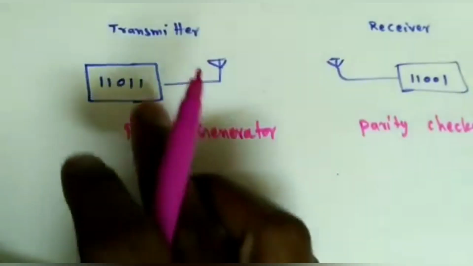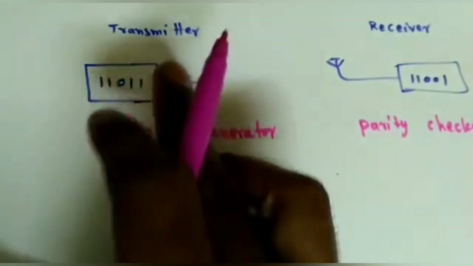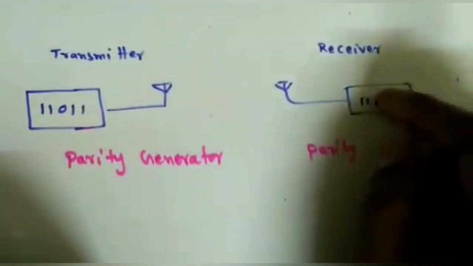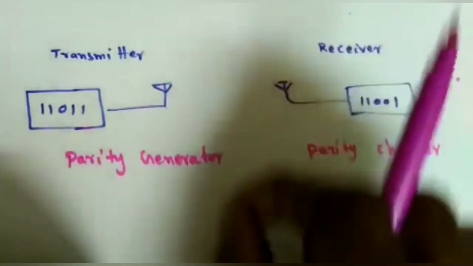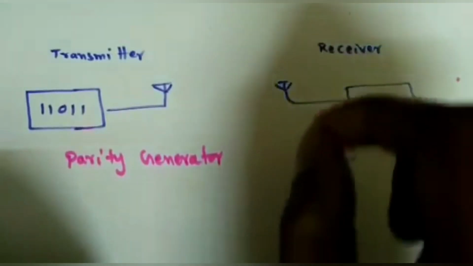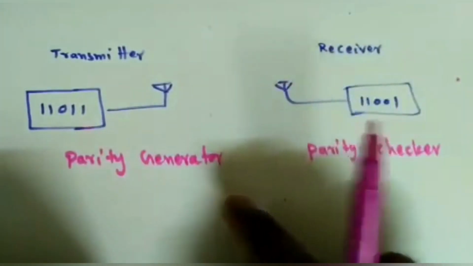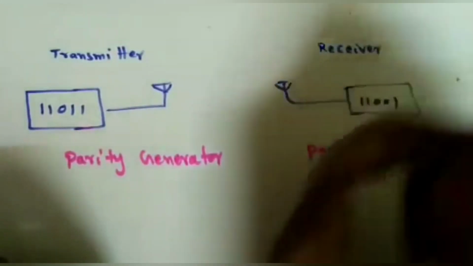Just remember, we are adding an extra bit, and with the extra bit we are sending to the air, and when receiving, we will check it. Suppose we sent even parity, but we receive odd parity. Then it will detect that there is some error.